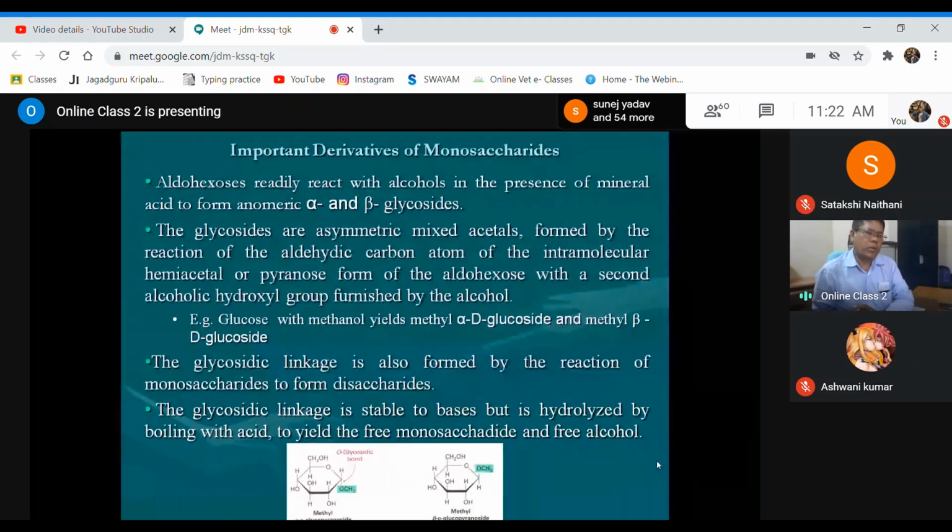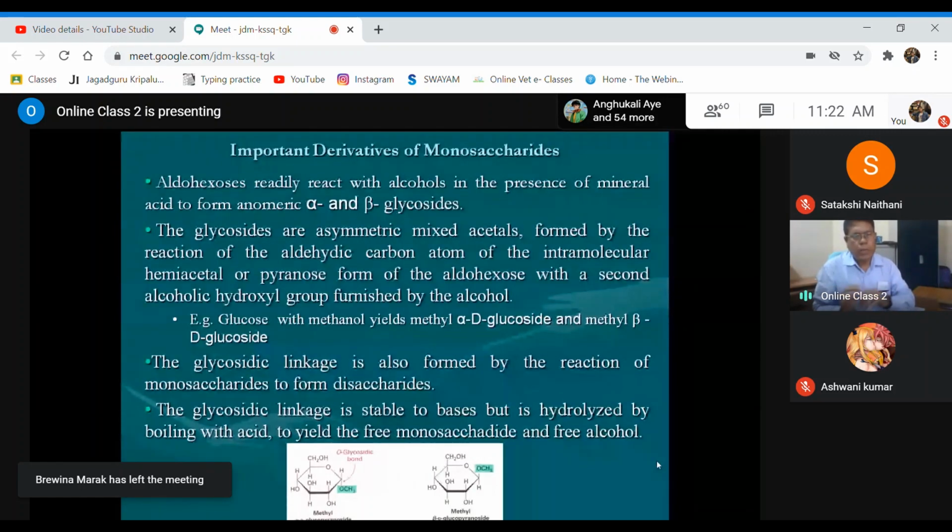In this, we'll be discussing only the important derivatives. Many chemicals may react with the groups attached to the carbon atoms of the monosaccharides. We know these groups are hydroxyl groups. These hydroxyl groups may react with the methyl group, the acetyl group, or the amino groups.